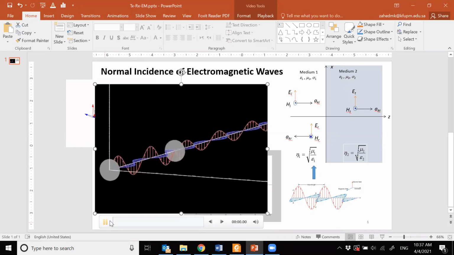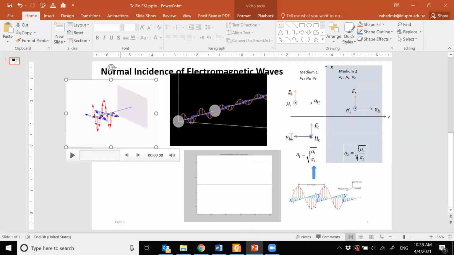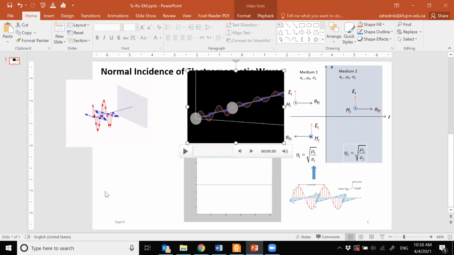So this will be the transmitted field, and here you will see both the incident and the reflection. These are some of the animations which I wanted to show you for the incident and the transmitted field. And these are all normal incidences.